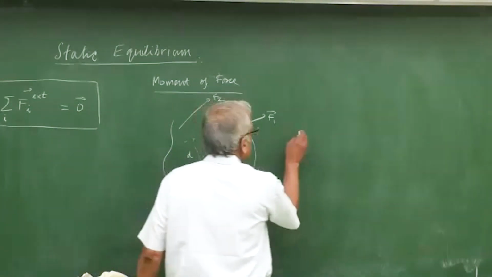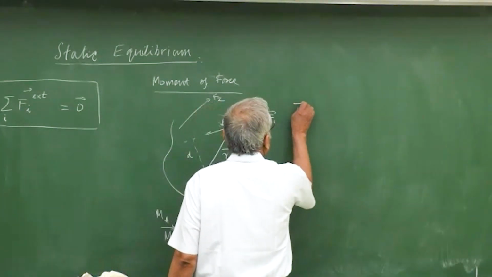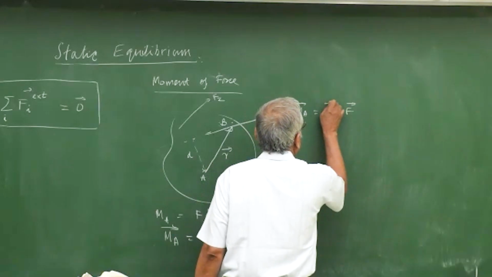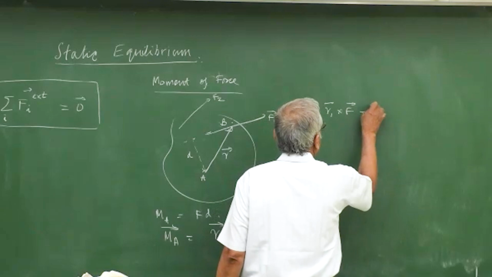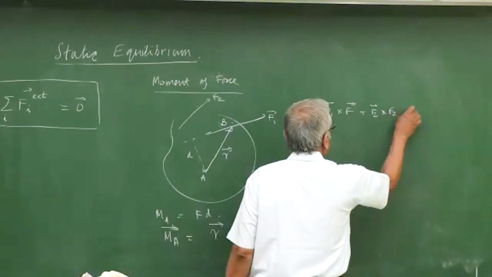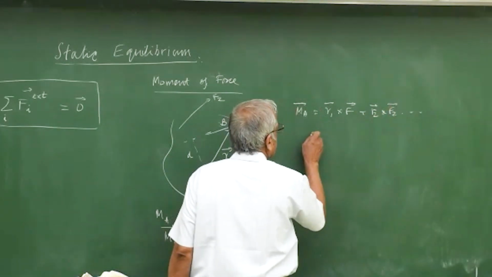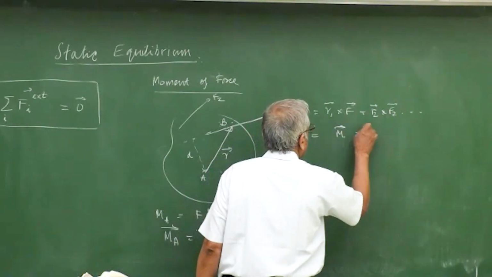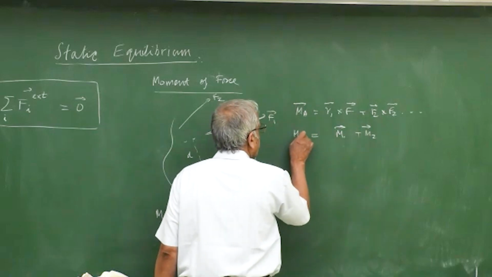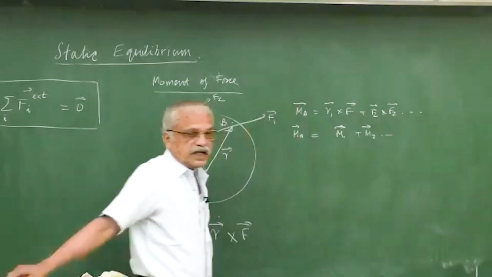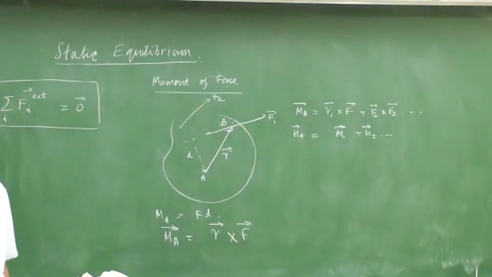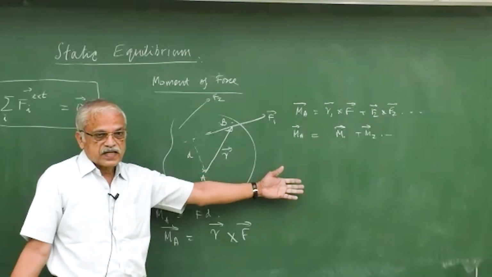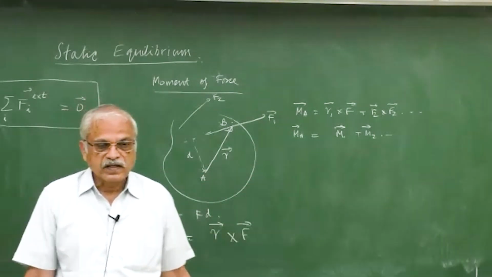So we can add a number of forces, say R1, F1, and R2, F2, and like this we get M1, M2, and so on. So the total moment is nothing but a vector addition of all these, right? Just like we treat force as a vector, we can also treat moments as a vector.